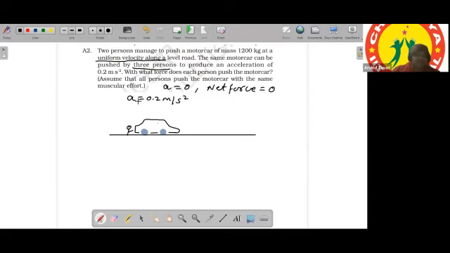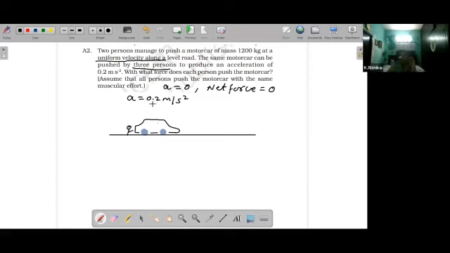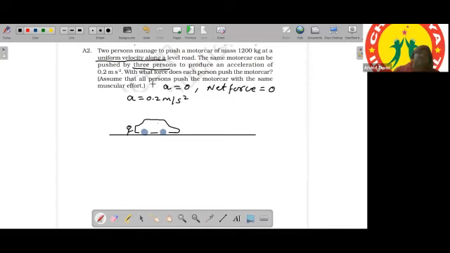Yes, sir. So that means I can say the force applied by the third person is the net force. That is the force which is causing the acceleration. When two people were pushing, you have acceleration zero, no net force. And when three people start pushing it, you have an acceleration of 0.2 meter per second square.